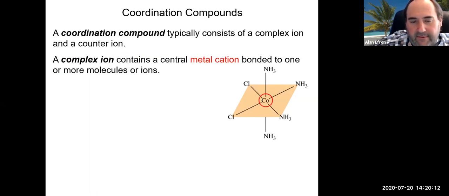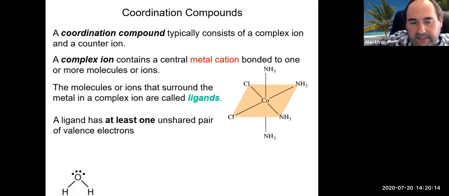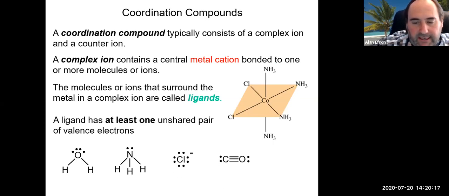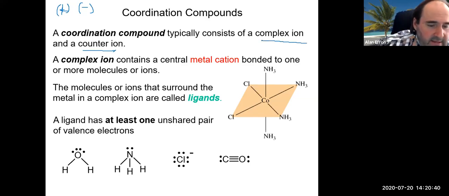All right, then let's get to the heart of this chapter, which is coordination compounds. A coordination compound is, for lack of a better word, sort of an ionic compound. It basically has a positive part and a negative part. As we talked about, we have a complex ion as part of it, and we have a counter ion. The complex ion can be positive or negative, just like the counter ion.